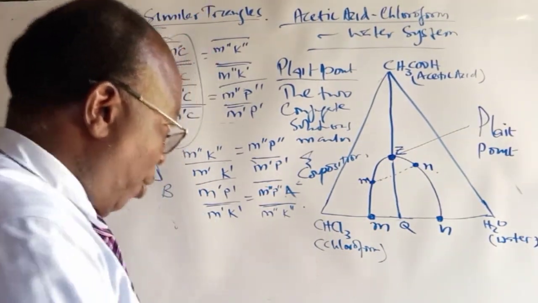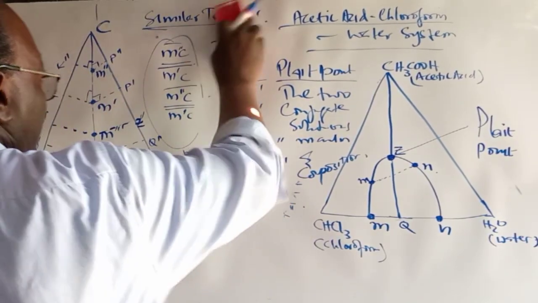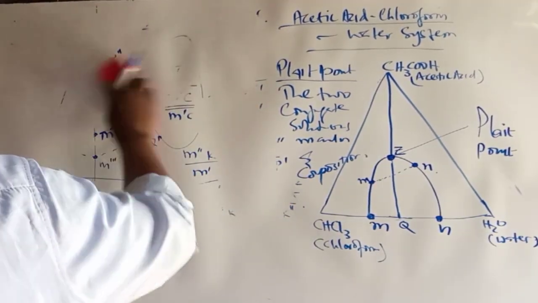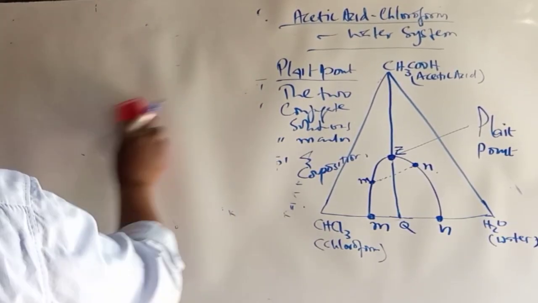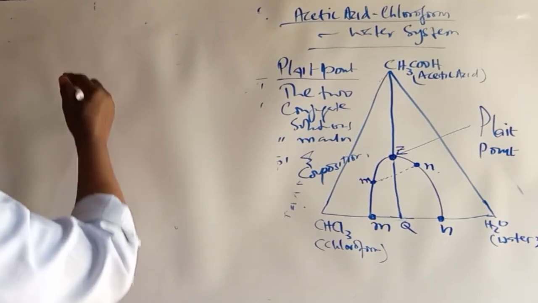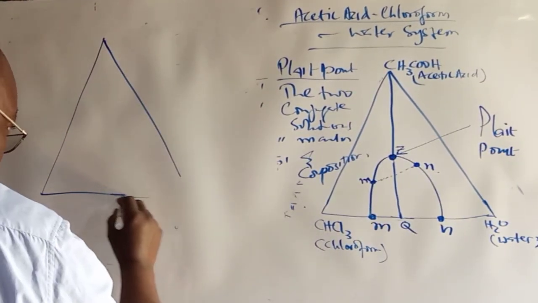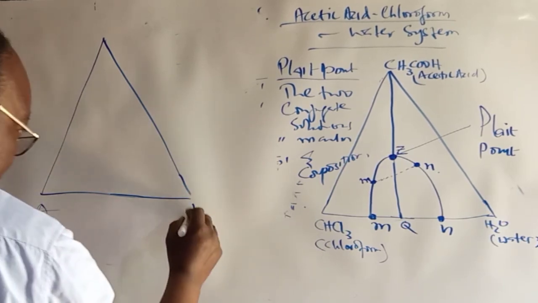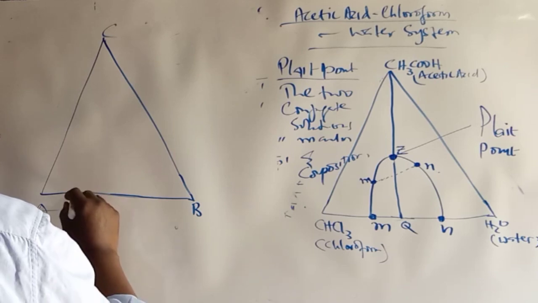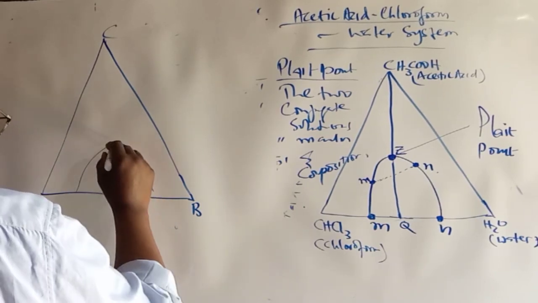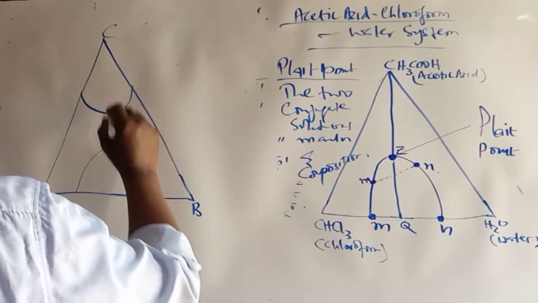Now, suppose we have two immiscible systems, A, B, C, so that here we have a Plait point at this point, and another Plait point at this point.